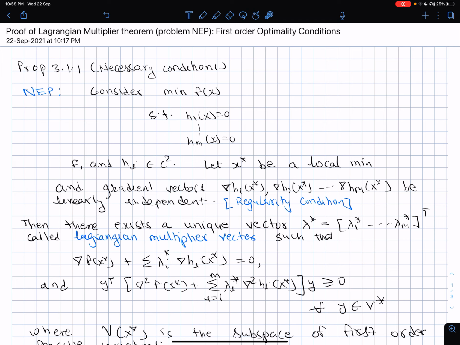Unfortunately, in this problem, where we are dealing with nonlinear constraints, we cannot have feasible directions. That is why we need another proof. A simpler and different proof was given for the LEP problem, but now an entirely different approach will have to be followed while proving the NEP problem.